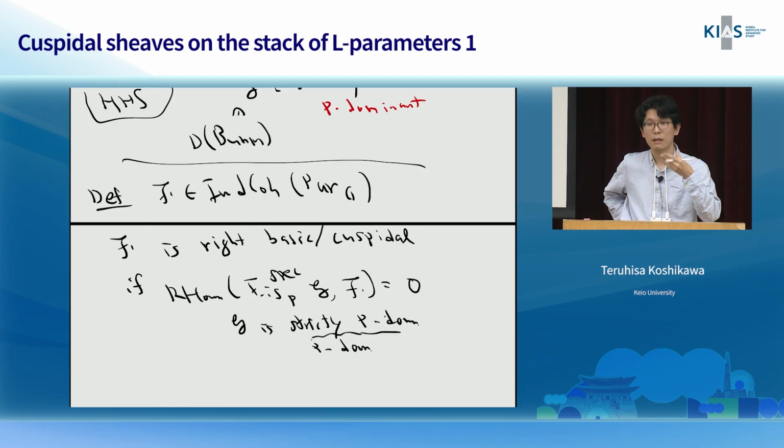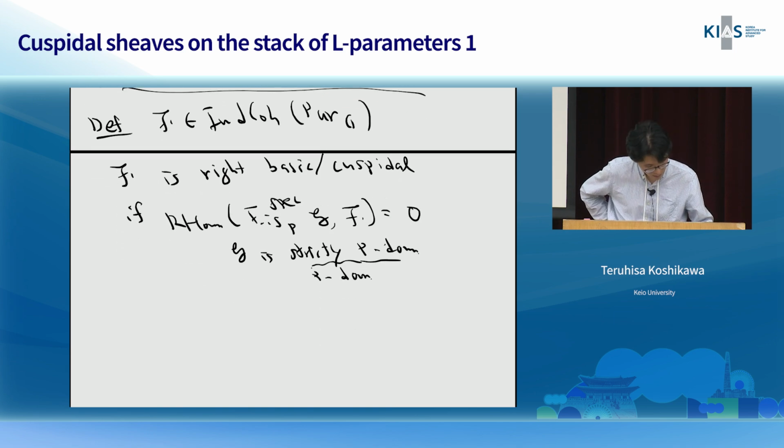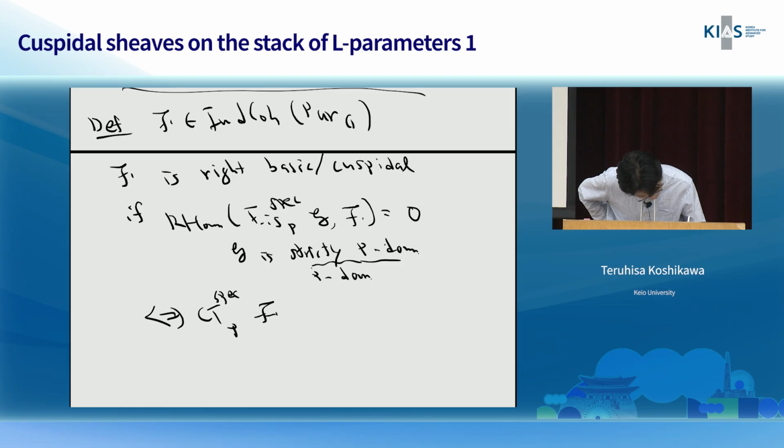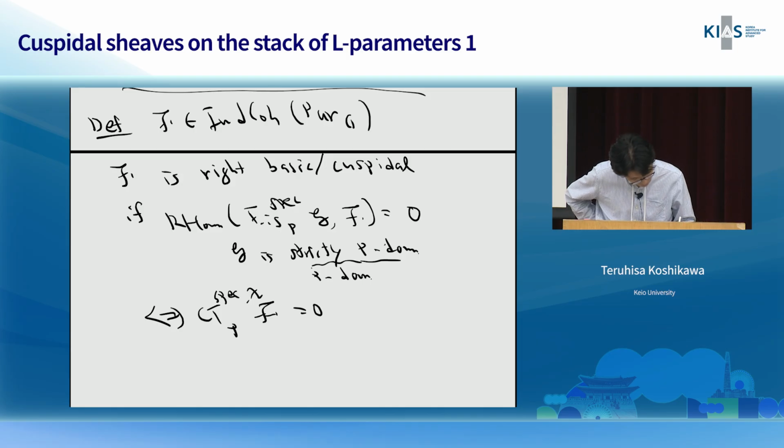Or you can restate this condition using constant term functors. Namely, this is equivalent to the chi part of the constant term of F, which Dave talked about, vanishing for chi which is P dominant or strictly P dominant.